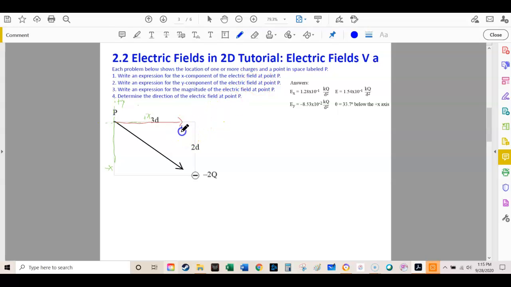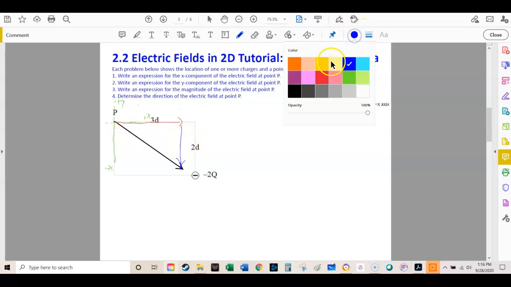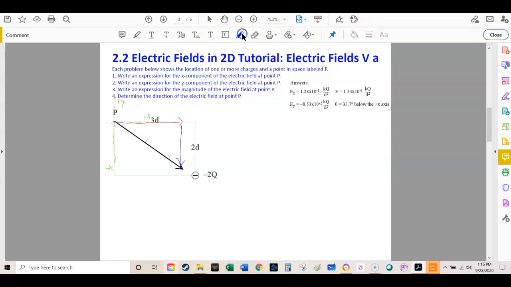Here's the electric field vector. I'm just going to give it a magnitude E for right now.